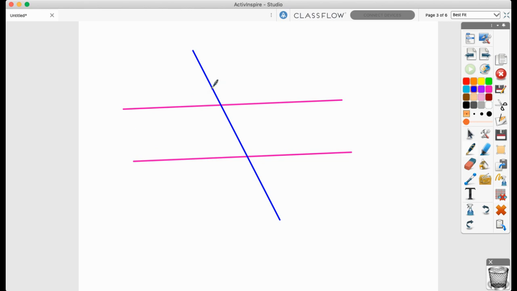So I'm going to pick a random angle here and call that angle A. We can use the three-letter name, but we're not going to do that. We're just going to use A. Now, imagine that these are two streets and this is a third street going through them. This corner right here is the upper left corner of this intersection.